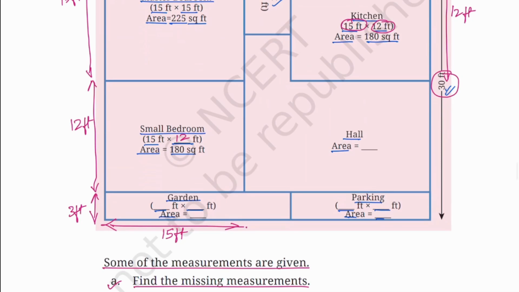Similarly, this length is 5 feet. So the length will be 20 feet and width will be 3 feet. Area will be 60 square feet. Similarly, this one will be 15 feet. 15 plus 5, 20. 35 minus 20 is equal to 15 feet. And the width is 3. 15 into 3, that is 45 square feet.